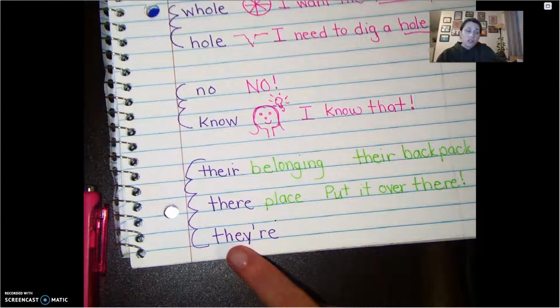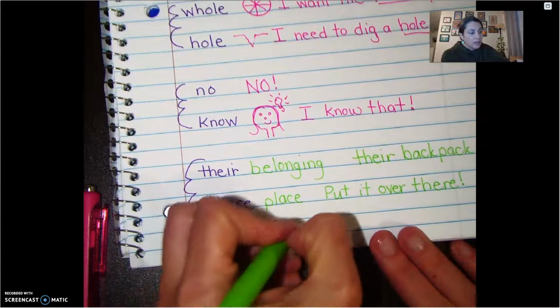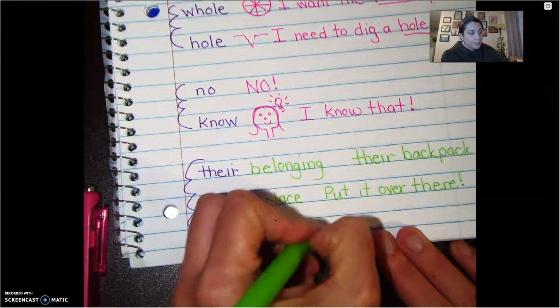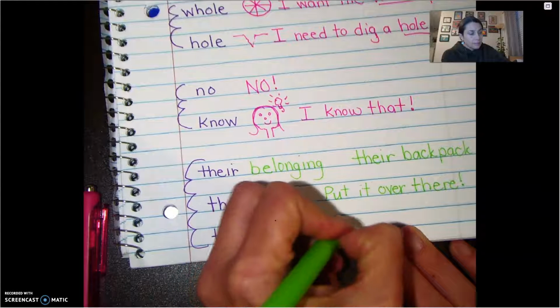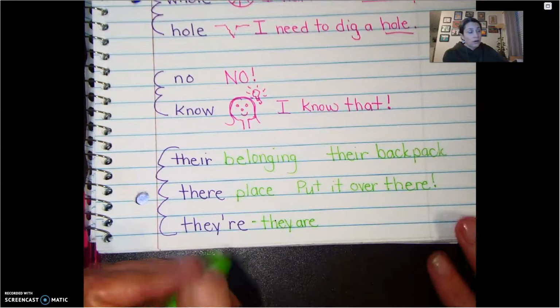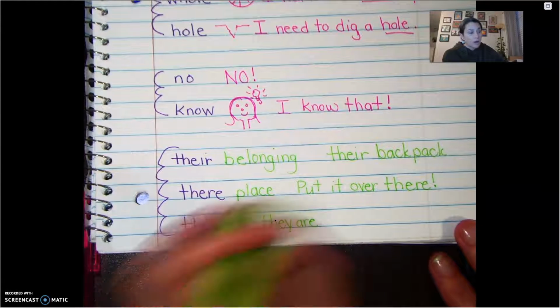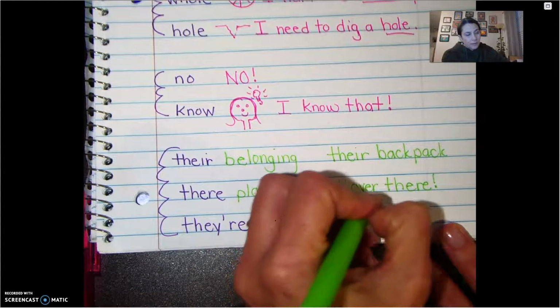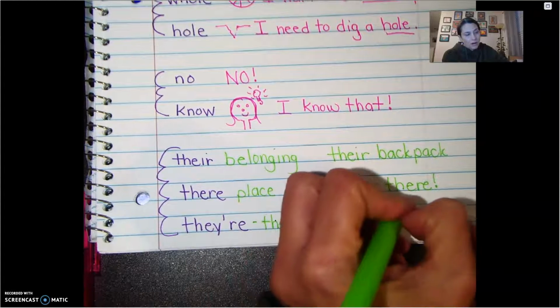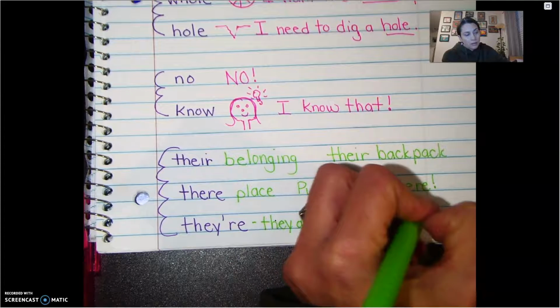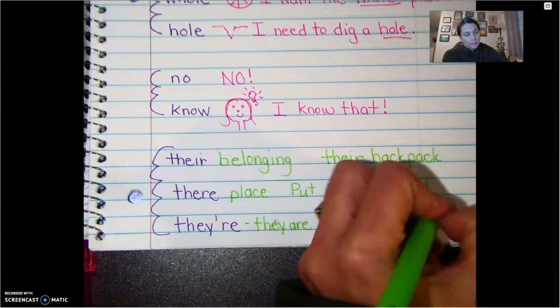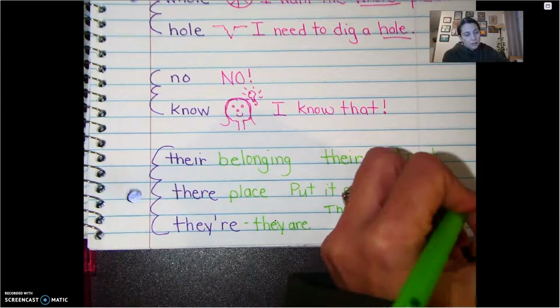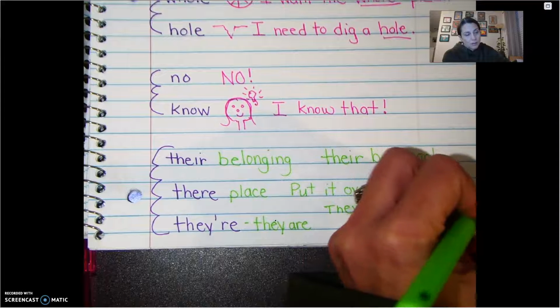Now this is another contraction. This one is they are. So they're going to the store means they are going to the store.